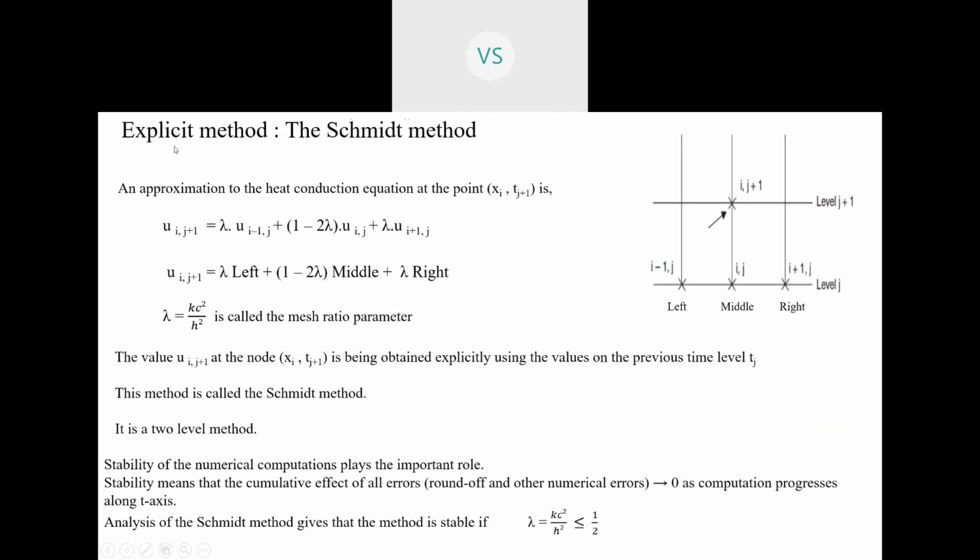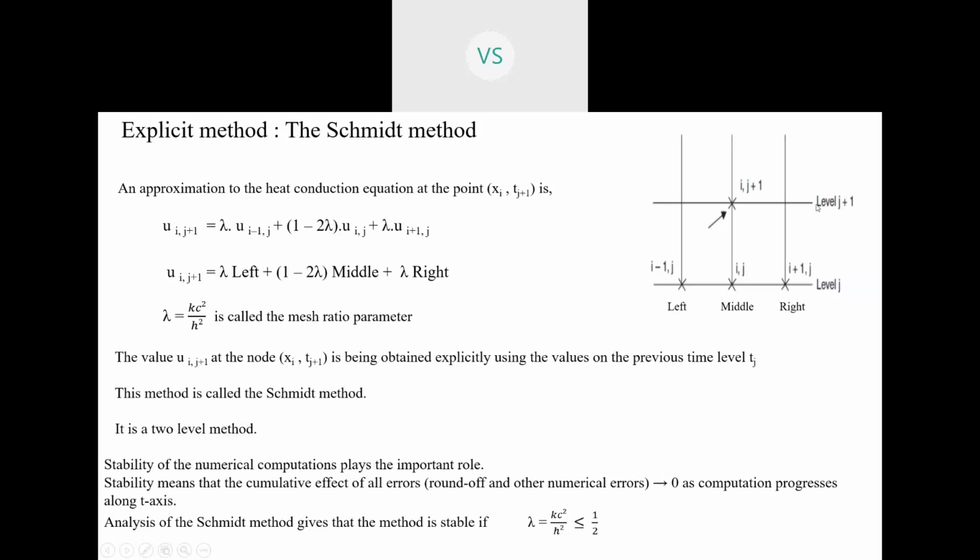Now in explicit methods, the Schmidt method is probably the most popular method that is applied to parabolic equations. Consider this point (i, j+1). The points below it are (i, j) in the middle, (i-1, j) on the left, and (i+1, j) on the right. Consider these as the middle term, left term, and right term.